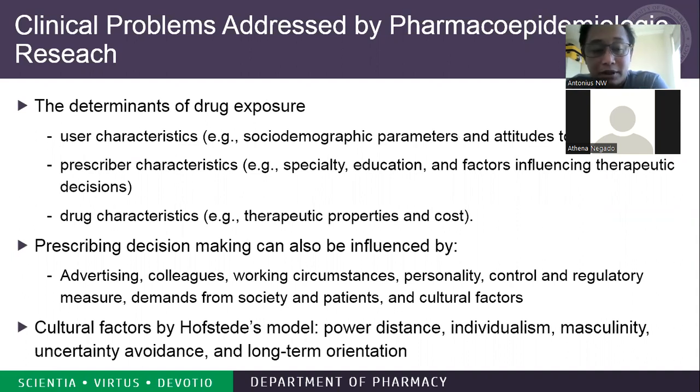And then the prescribing decision can be influenced by many things: advertising, colleagues, working circumstances, seniority, and many more. You can read about Hofstede's model to learn about cultural factors such as power distance, individualism, masculinity, uncertainty avoidance, and long-term orientation.